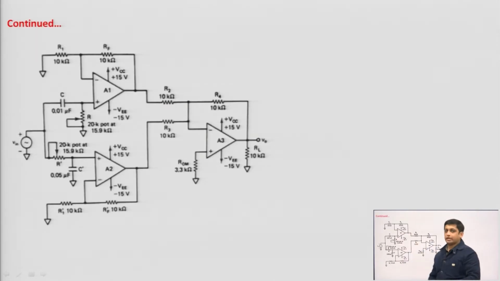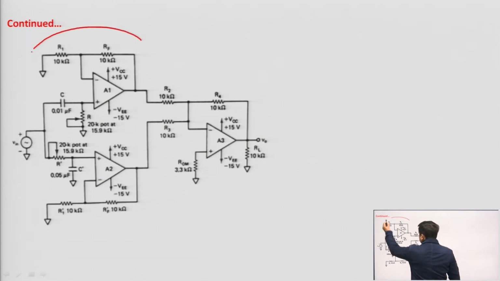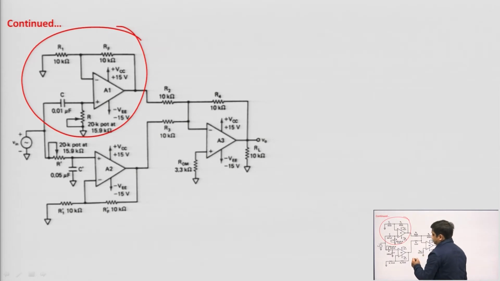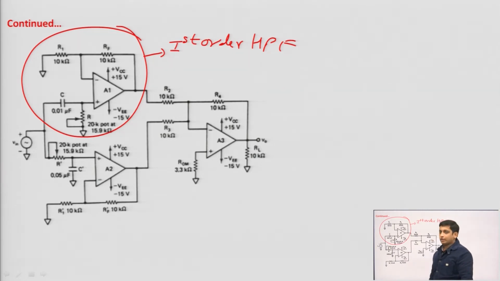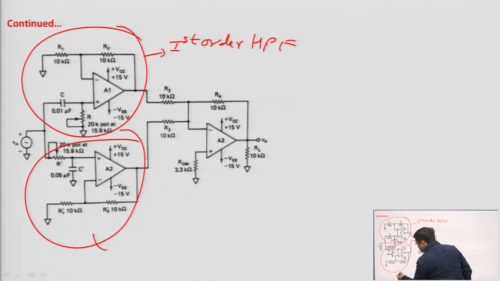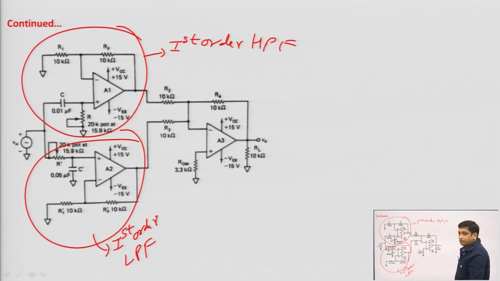So, coming to the circuit diagram of the wide band reject filter. We can see that this op amp A1 constitutes the first order high pass filter. So, we have already designed this first order high pass filter, fine. This R and C provides the filter function, R1 and RF provides the gain, and this A2 op amp constitutes the first order low pass filter, fine.